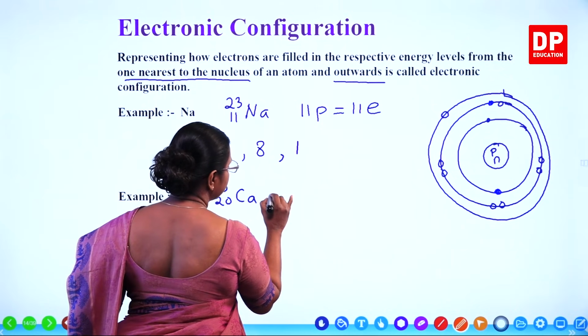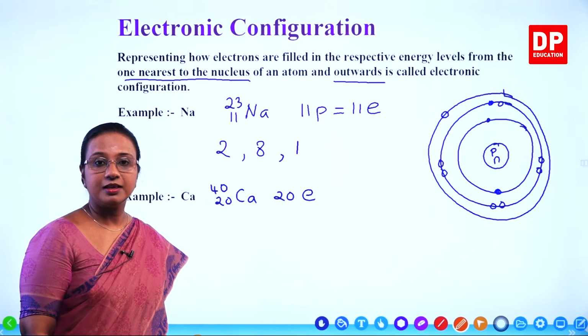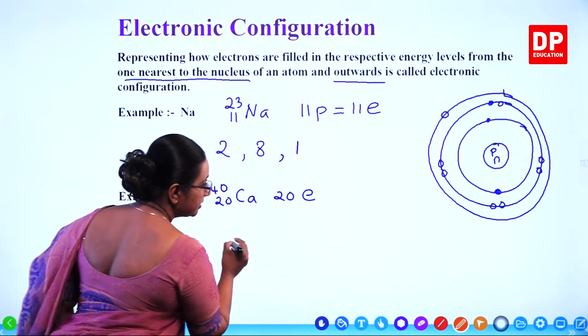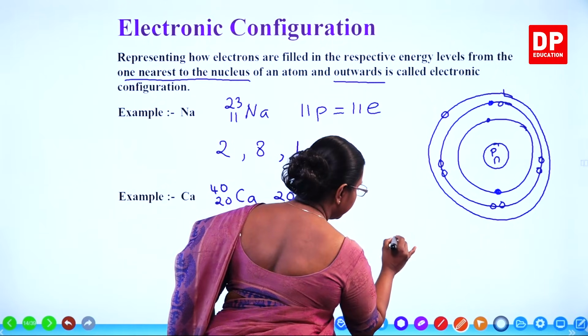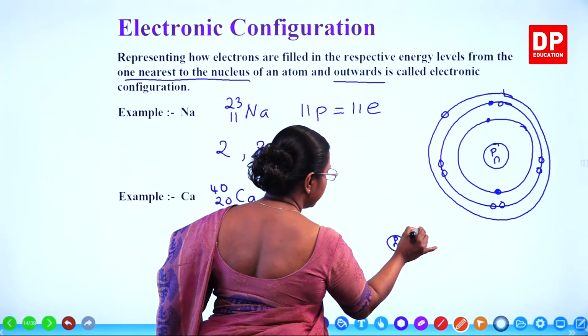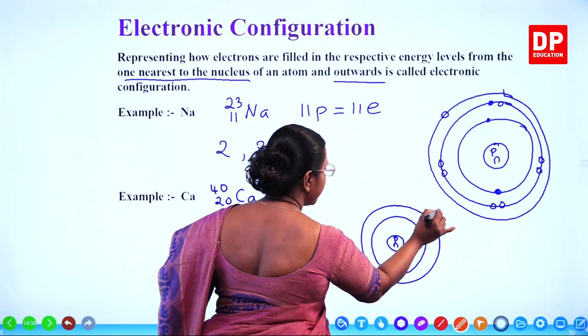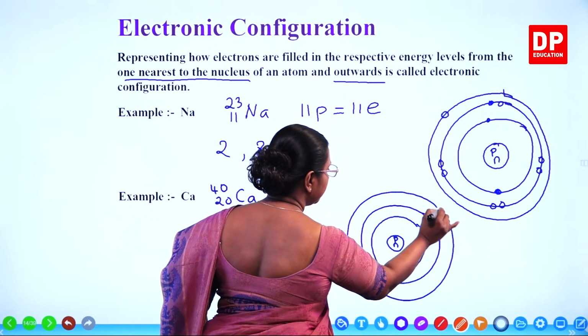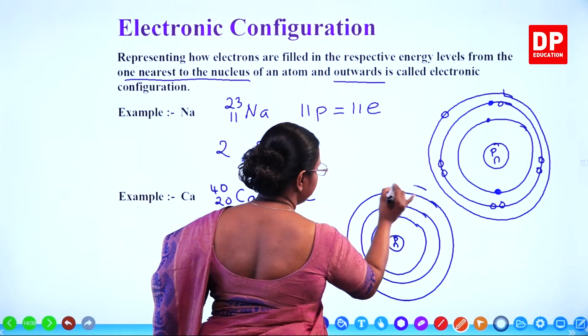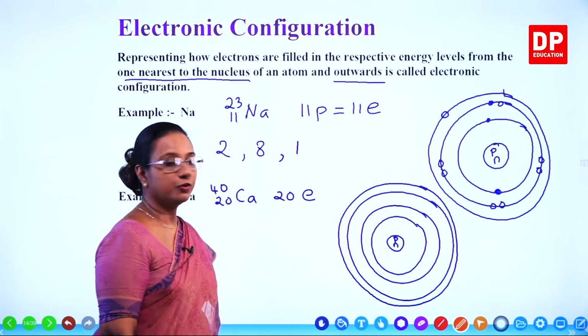So that means there are 20 electrons in calcium. For this, if I draw the structure here, the nucleus containing proton and neutron, the first shell, second shell, third shell, and the fourth shell.